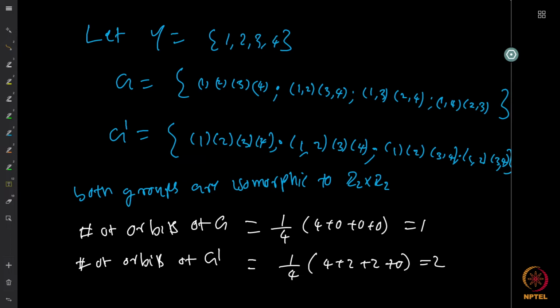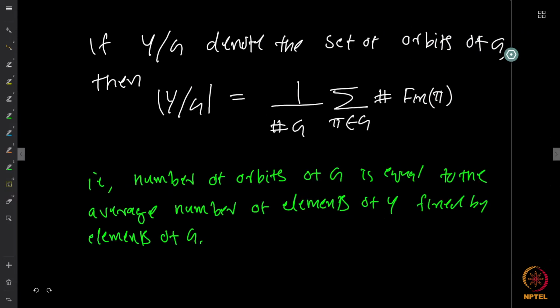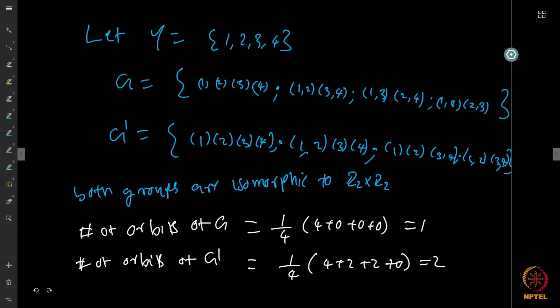So the number of orbits of G is given by 1 by 4, the cardinality of G is 4, times the elements fixed by each of these.